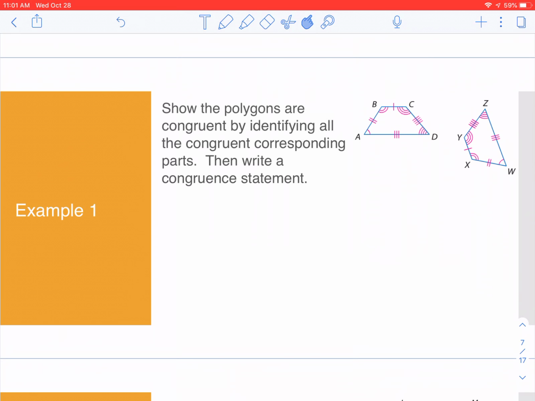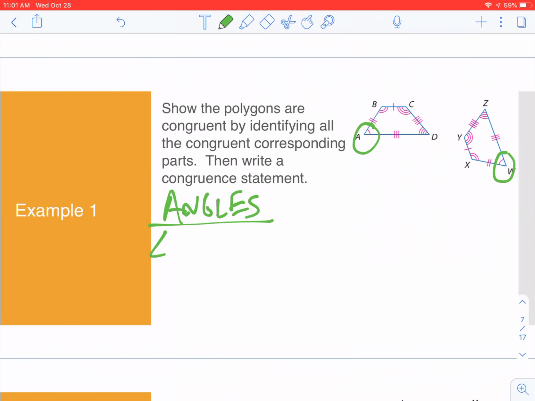Right here, we're going to write down all the corresponding parts that are congruent. And then we're going to write a congruent statement. We're going to start out with angles. If I look up here, A has one and W has one. So angle A is congruent to angle W. Then I'm going to look for the 2.